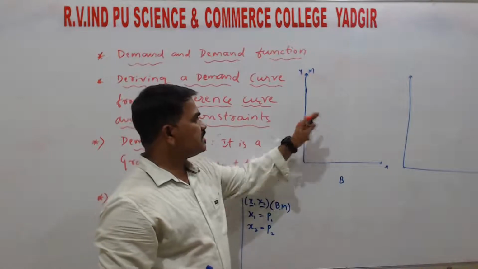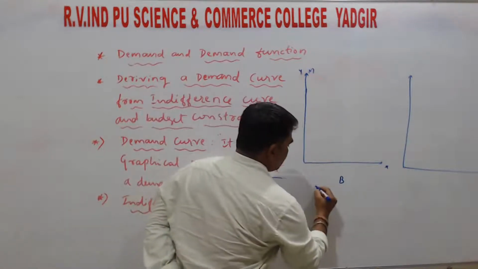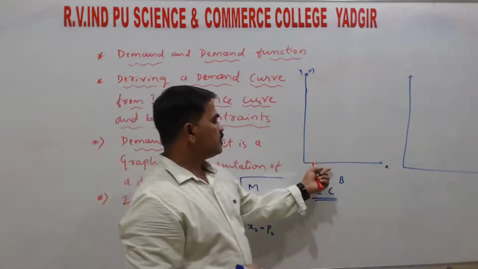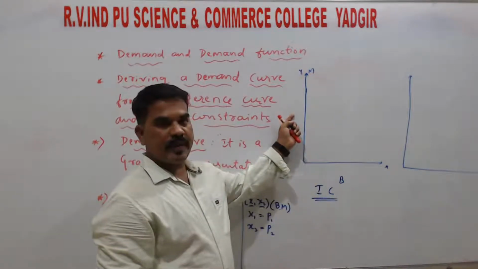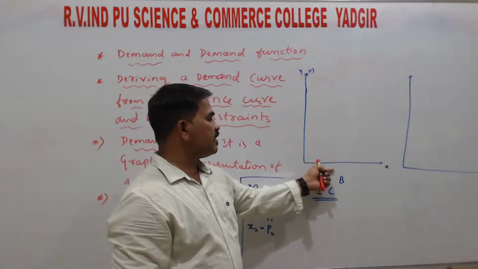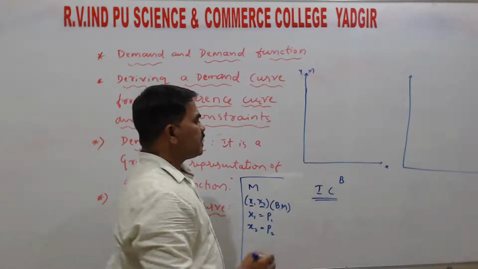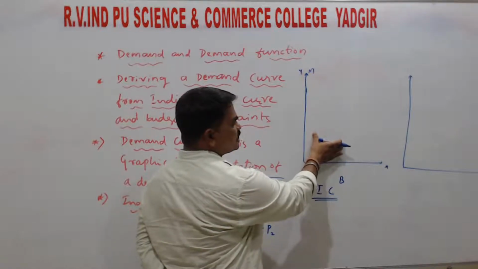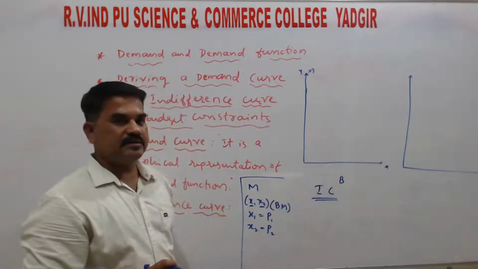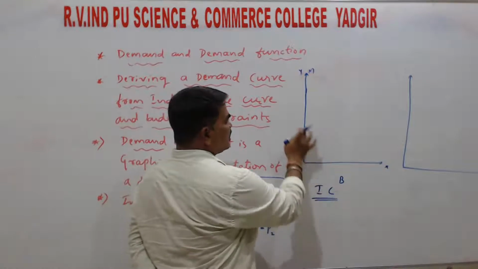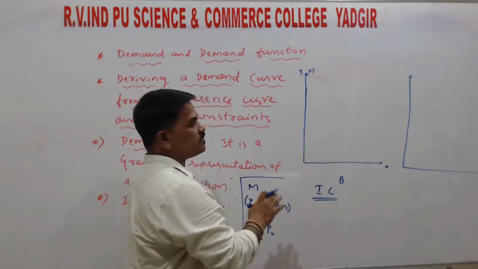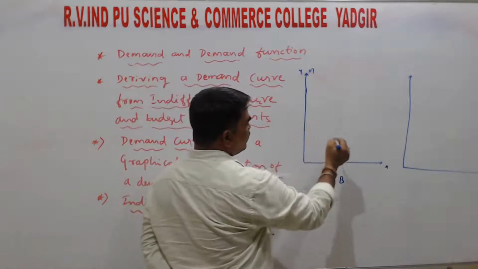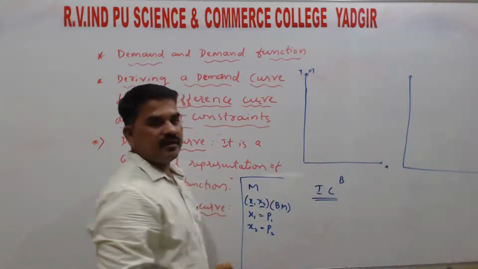And as this is indifference curve, here the quantity of mango is on the y-axis and quantity of banana on the x-axis. This graphical representation gives us the bundles of goods X1 and X2, banana and mango. So these bundles, if we join the points, you will get an indifference curve.